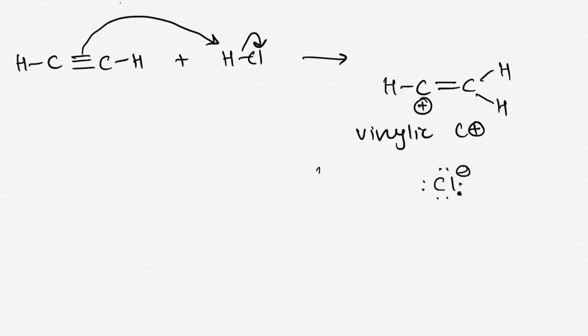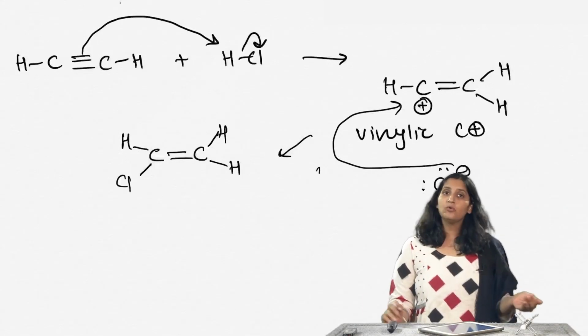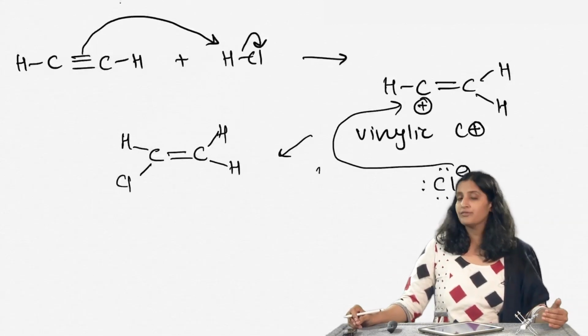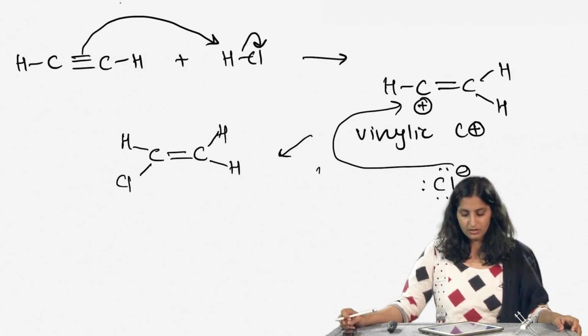right. The next step, the chloride is going to attack on this vinylic carbocation to form an alkene that looks like this. Okay. Remember, we had only 1 mole of HCl per 1 mole of the alkyne. So, that is why we could get to this particular product.